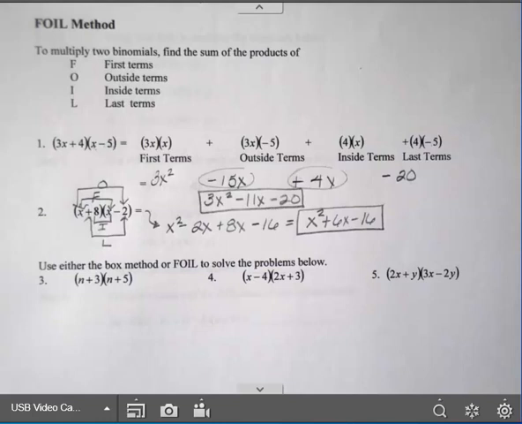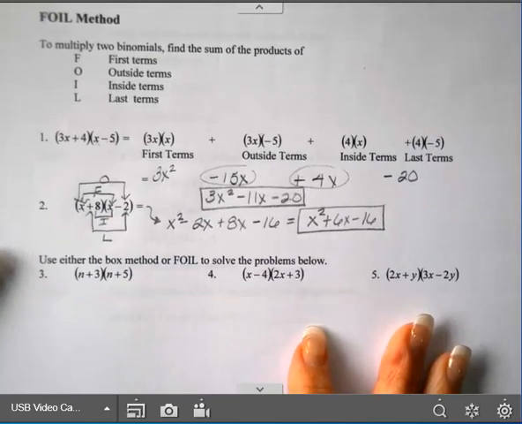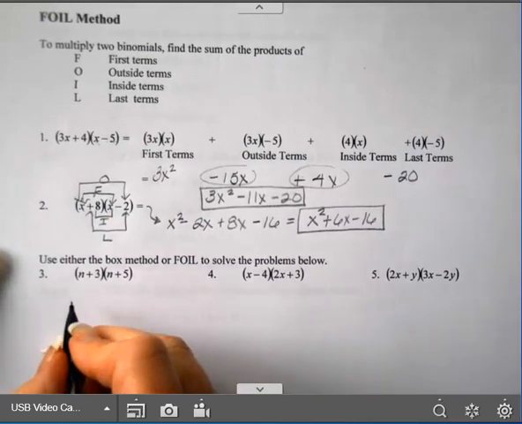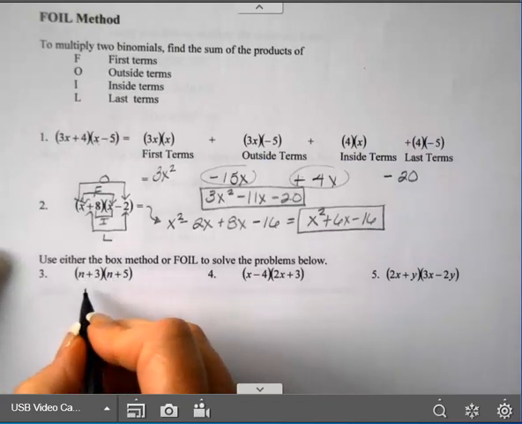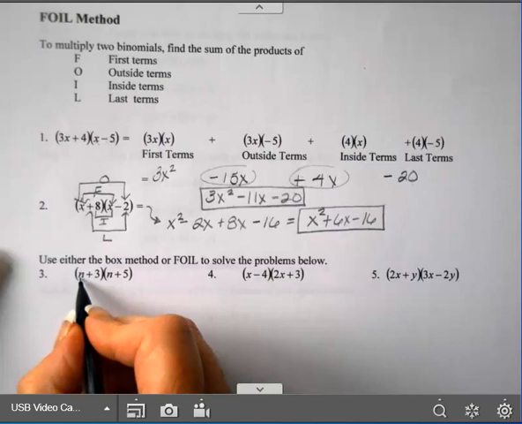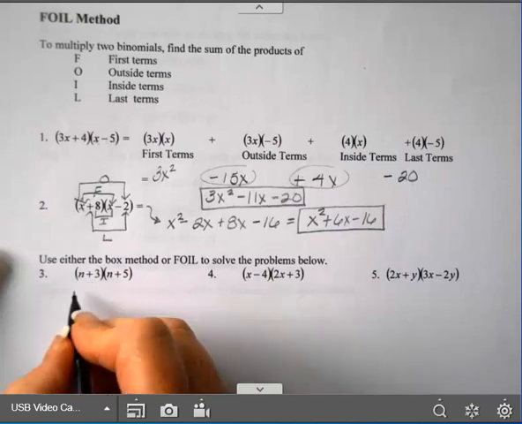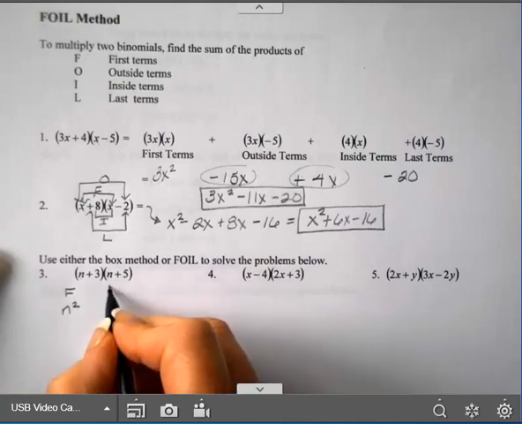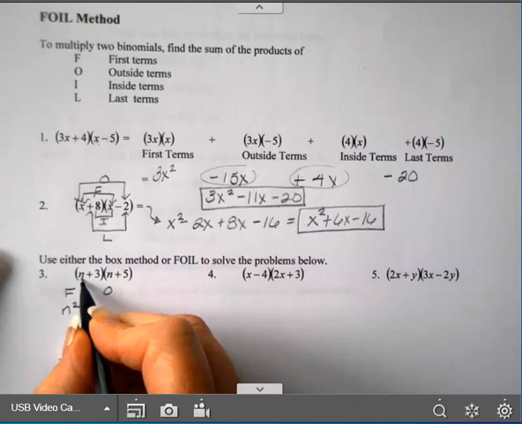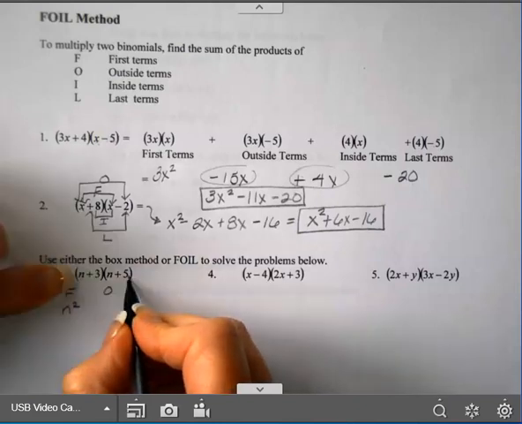It's up to you whether you want to do FOIL or if you want to do the box method. Let's go ahead and do examples 3, 4, and 5 in one of the forms. I think for this first one, I'll go ahead and use FOIL. So first is n times n, so that's n squared. Outside terms, furthest to the left, furthest to the right, so that's going to be the 5 and the n.